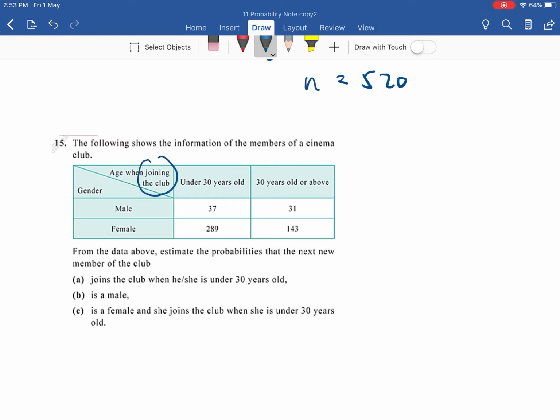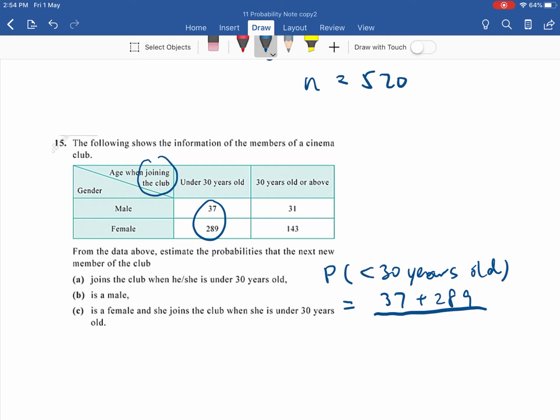And then you are going to estimate the probability of under 30 years old, which is 37 over 289 plus 289, that is these two numbers. And then how many people are there? The total is 37 plus 289 plus 31 plus 143, okay? And then this is the answer.